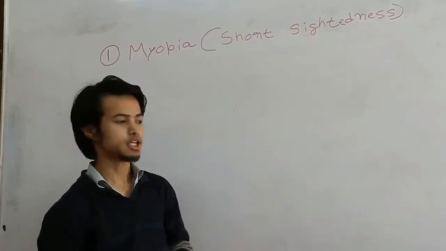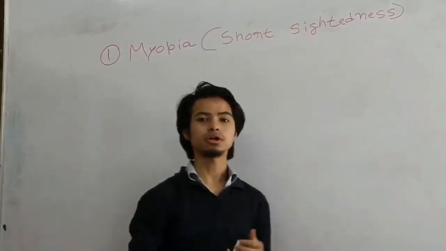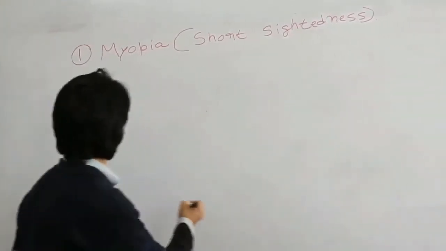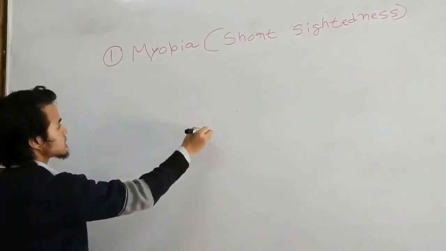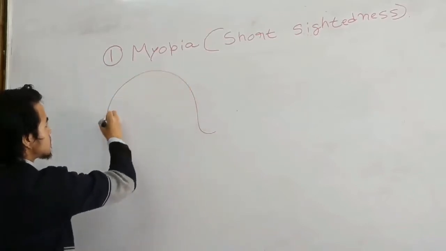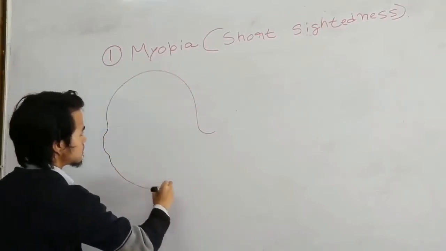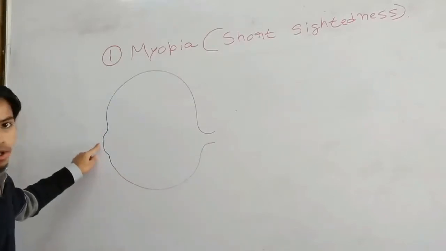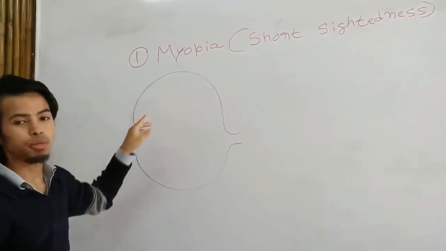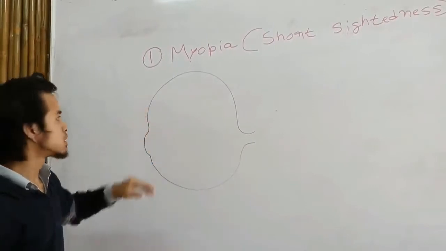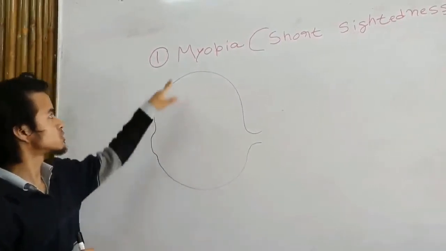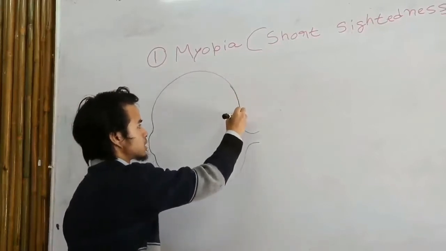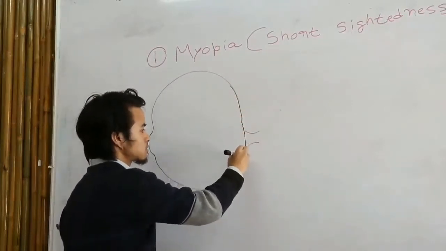Now let me explain that by drawing a diagram. It will be more clear if I draw a diagram. Suppose we have a normal eye like this. This is the cornea. I won't draw the other parts of the human eye. This is just a simple diagram to illustrate myopia. Suppose this is the retina.